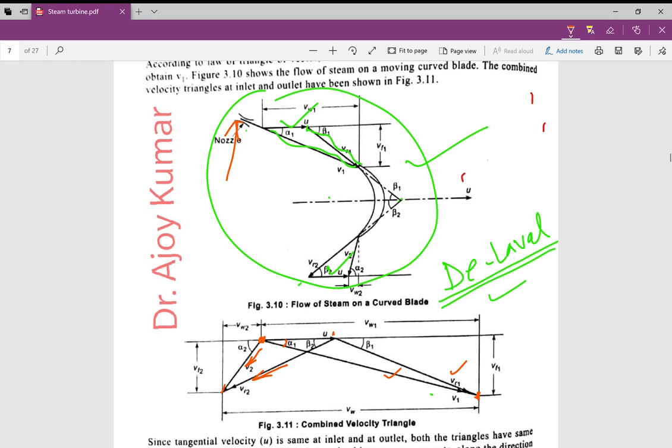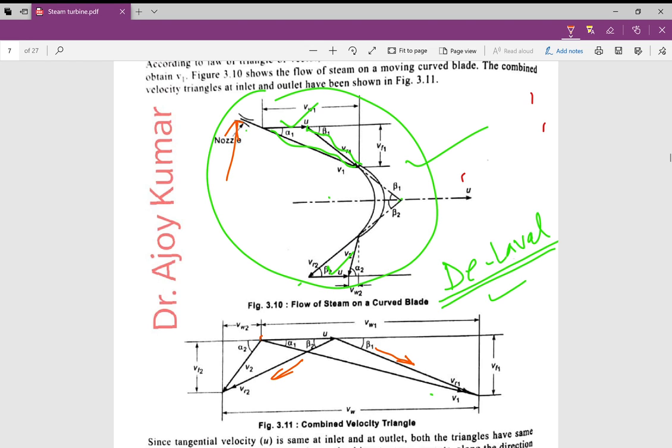So now let me repeat once again how to draw so easily. From head of U, draw two lines for VR1 and for VR2, right?